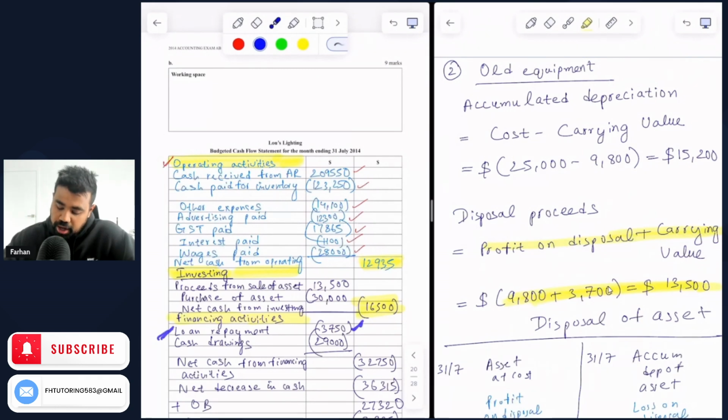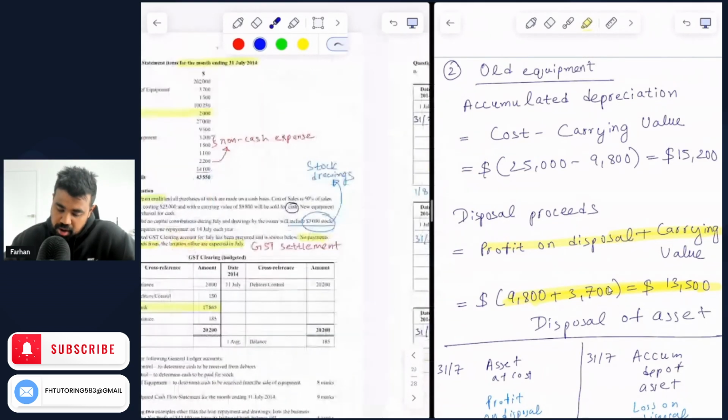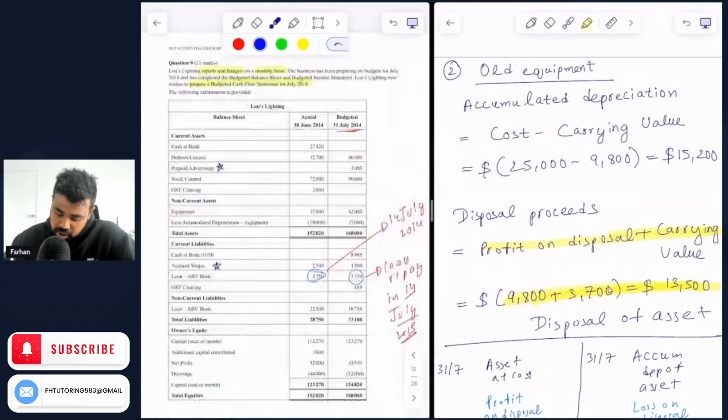And then we're showing cash drawings of $29,000 in negative, referring to an outflow. This was calculated by subtracting the stock drawings of $3,000 from the total drawings of $32,000 that we were given within the owner's equity section of the balance sheet. Okay.